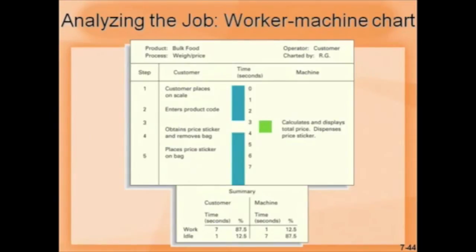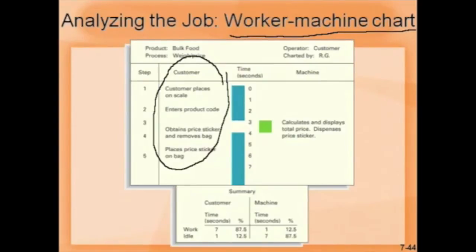There is another tool people use. It's called worker-machine chart. So you have a worker on one side and machine on other side. So the basic idea is to identify when a worker or the machine is busy or idle.